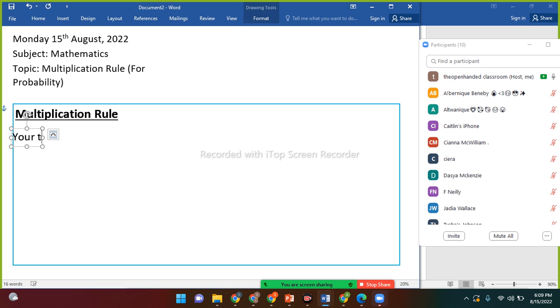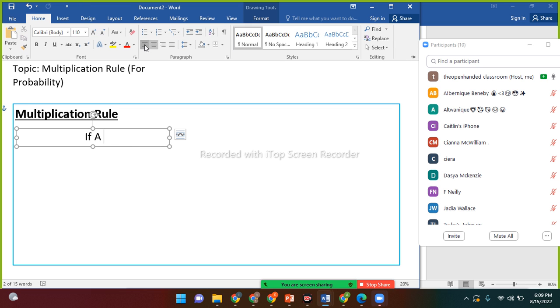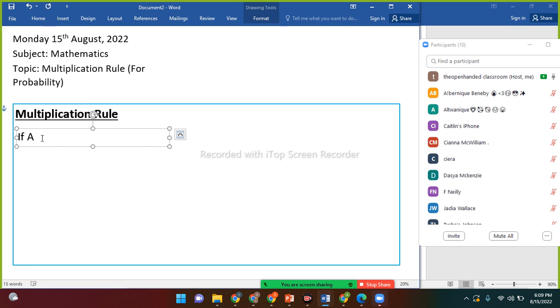All right, so the multiplication rule states the following. It says if A and B are independent events, which means that the probability of one thing happening does not affect the probability of the other thing happening.